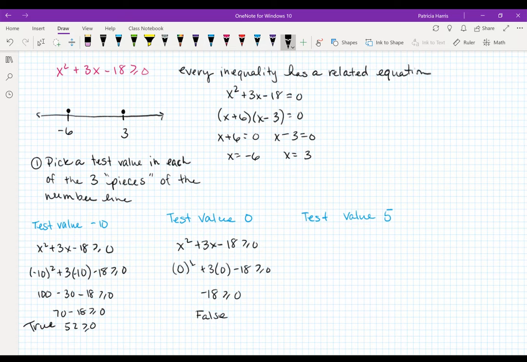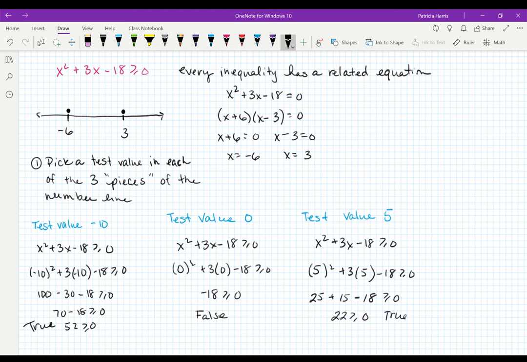Last one, we're going to put in 5. So that would be 25 plus 15 minus 18 greater than or equal to 0. That would be 40 minus 18, which is 22 greater than or equal to 0. So that would be true.